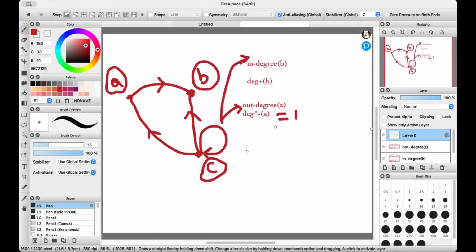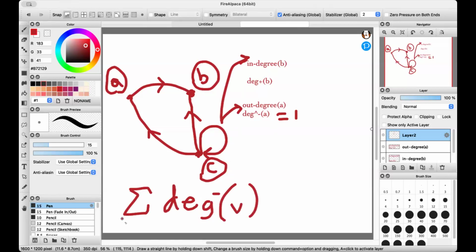And a theorem that comes from this is that the sum of the in degrees of all the vertices in a directed graph should be equal to the sum of the out degrees of all the vertices in the graph.